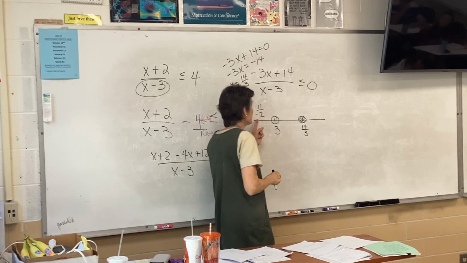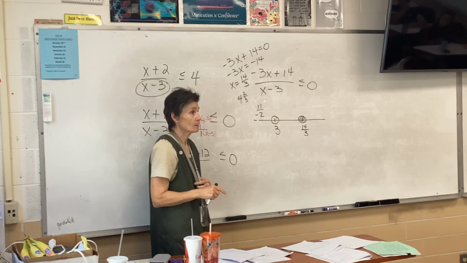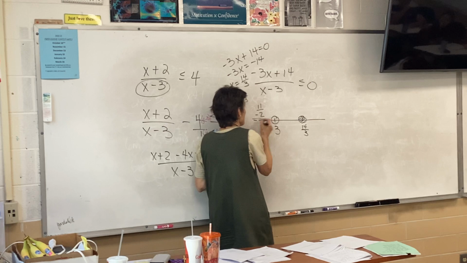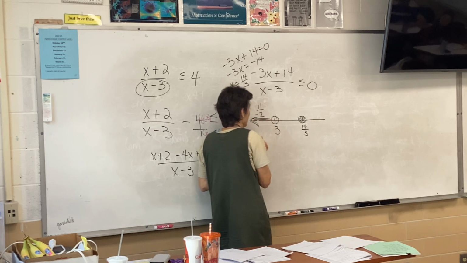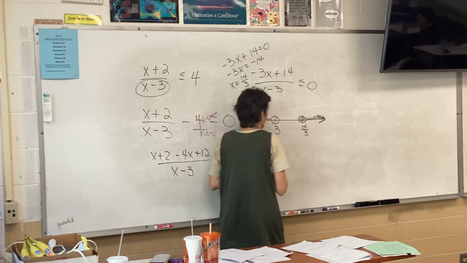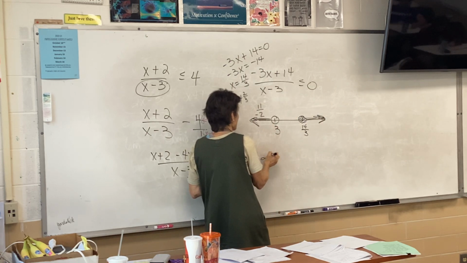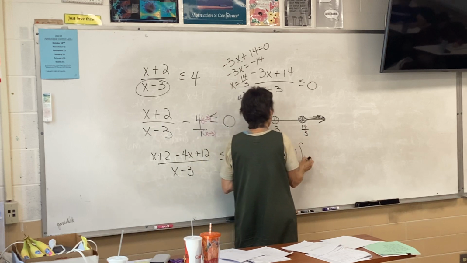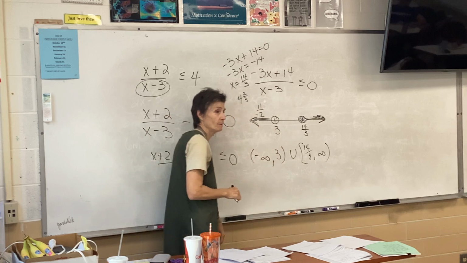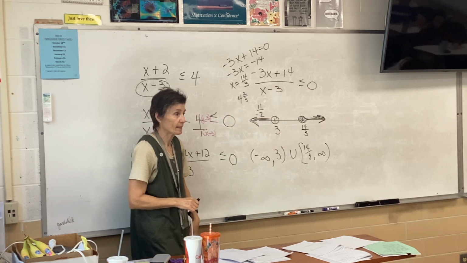Is 11 divided by negative 2 less than 0? Yep. So I shade that. And then I don't shade that, and I do shade this. So my answer is negative infinity to 3, or bracket 14/3 to infinity. That's a tough problem. There's a lot to keep track of in that problem.